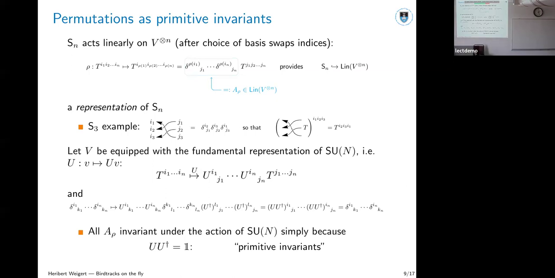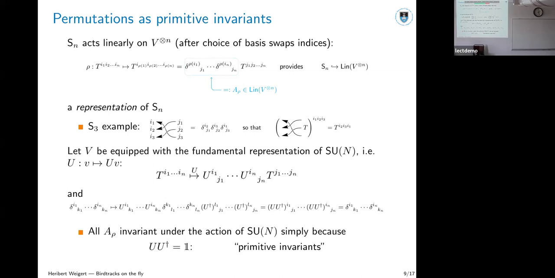Then the tensor space inherits this action simply by attaching a group element of SU(N) to each of the indices. Each index picks up a factor of u, and in component notation, this is what it looks like.